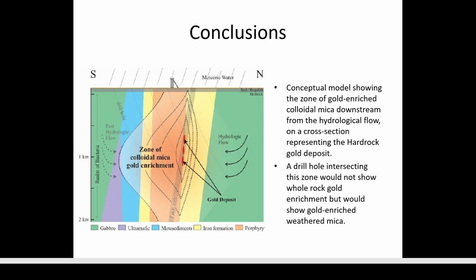This method still needs to be tested within the field. Using this paper, we have determined that these zones of mica enrichment can be determined, although we are unsure of how the hydrological flow and the history of the hydrological flow would affect these zones. Therefore, this needs to be tested in theory.